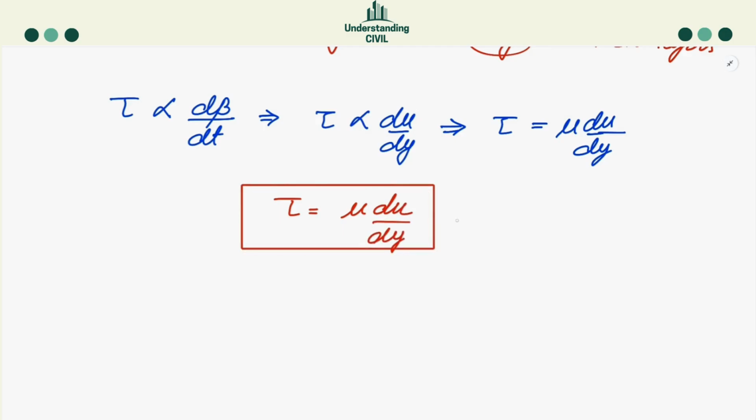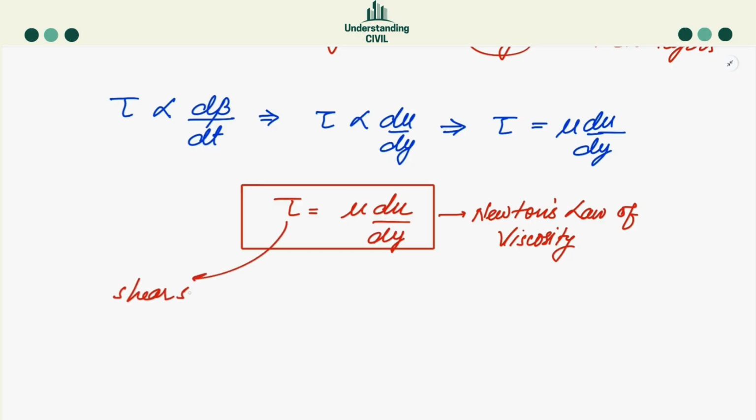This is called Newton's law of viscosity. Over here tau is shear stress, and since this is stress the unit will be Newton per meter square. Du is actually velocity or change in velocity.